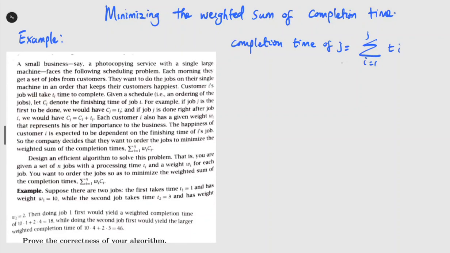So the sum of the time of all jobs before J including the time for J, that's the completion time for job J.